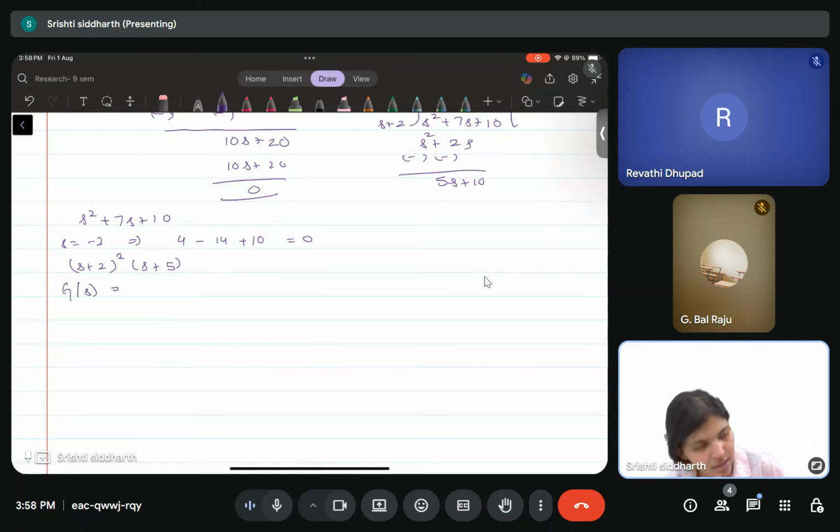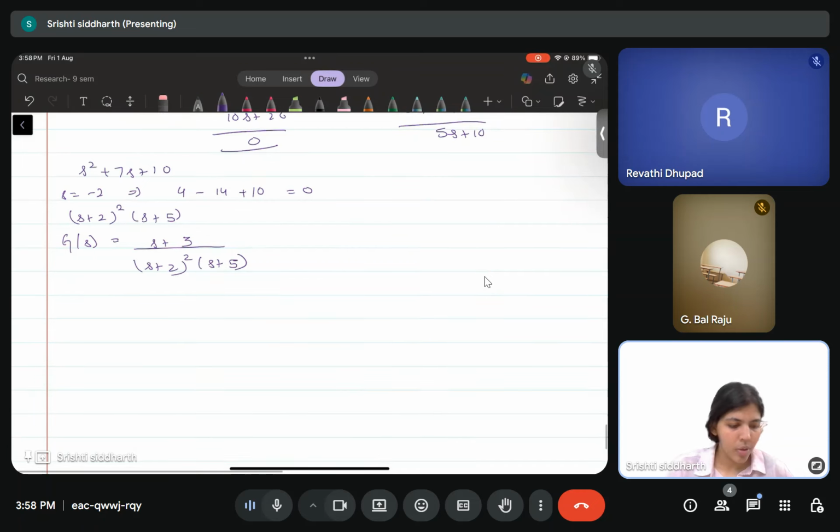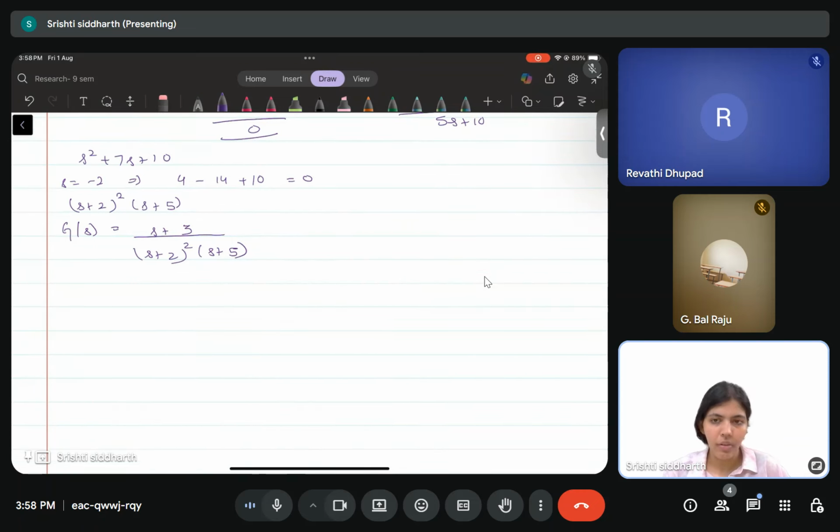So G(s) is s plus 3 over s plus 2 squared, s plus 5. So we are going to write the Jordan canonical form because we have repeated eigenvalues. It's a strictly proper transfer function, so d is 0.